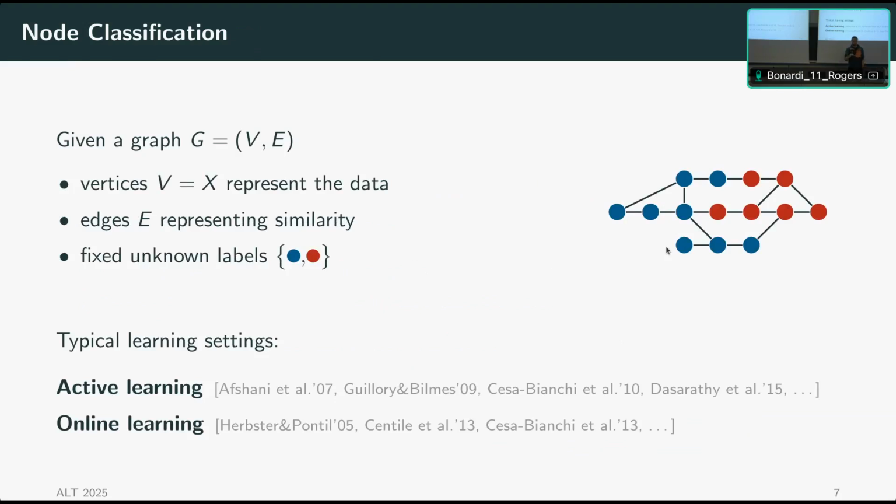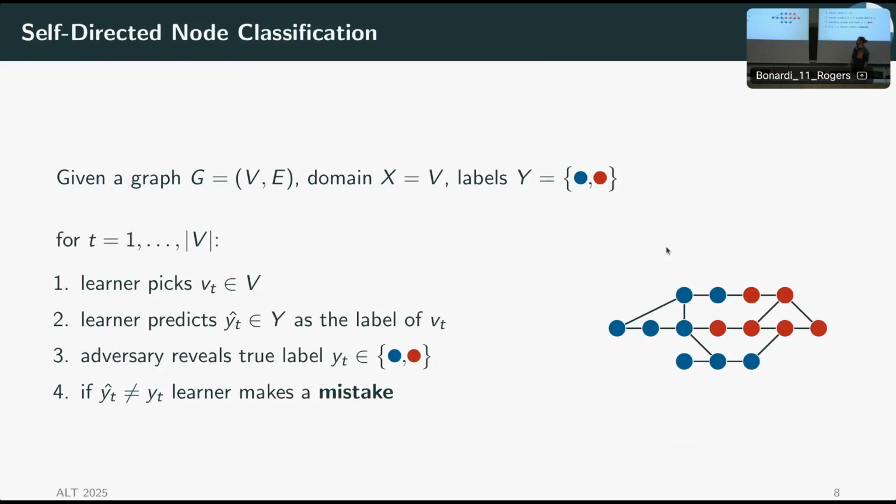And actually this community studied this a lot, roughly 10, 15 years ago, especially the active and online setting of this node classification problem. So we thought, let's consider the self-directed node classification problem. Just to recap, now the learner picks a node, predicts a label for this node, and the adversary reveals the true label, and you get a mistake if you mispredict it.